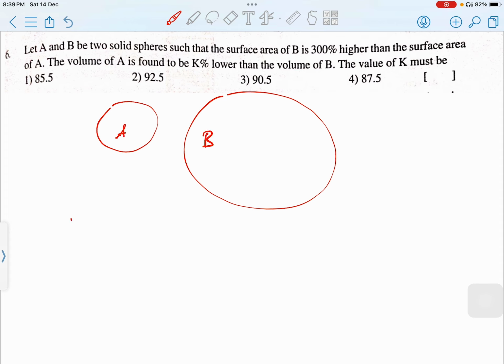So surface area of sphere A is equal to 4 pi r square.